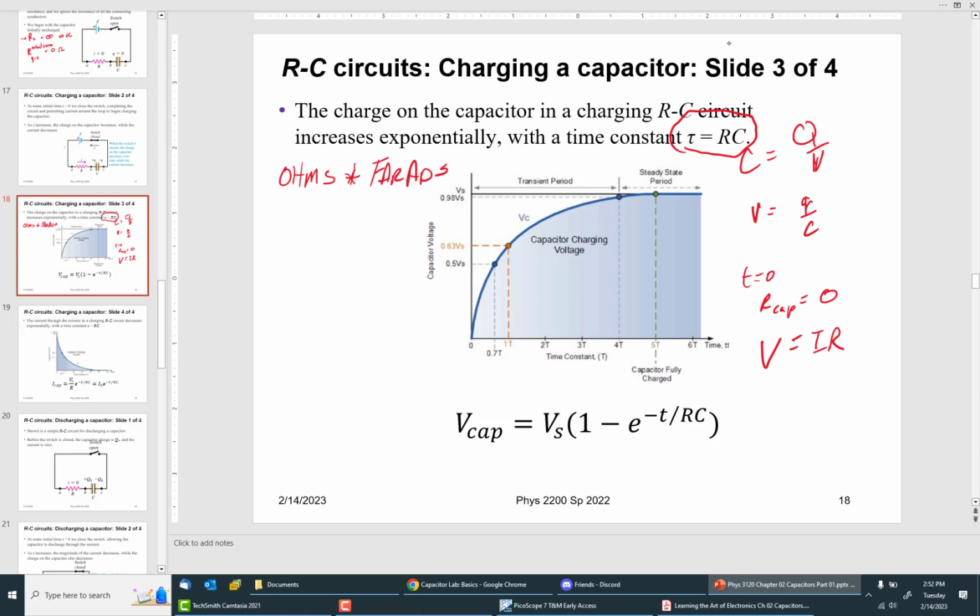And then it's generally considered fully charged after 5 time constants, some people say 6 time constants. Because if you think about it, as an asymptote, it should take an infinite amount of time for it to charge. But that's Zeno's paradox, right? Achilles versus the turtle. If the turtle starts halfway, and each of them goes halfway each time, Achilles can never beat the turtle.